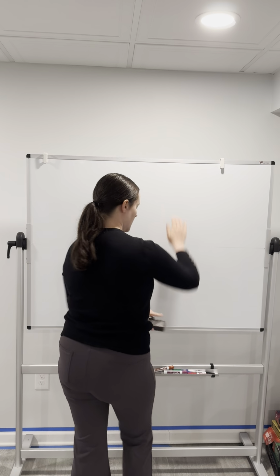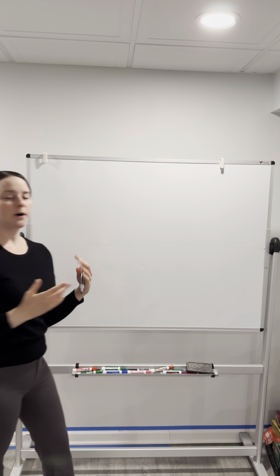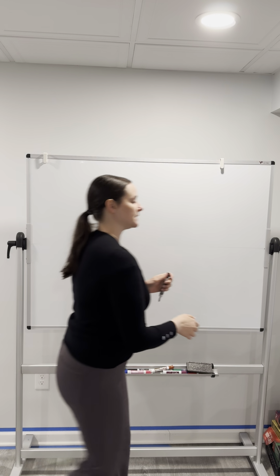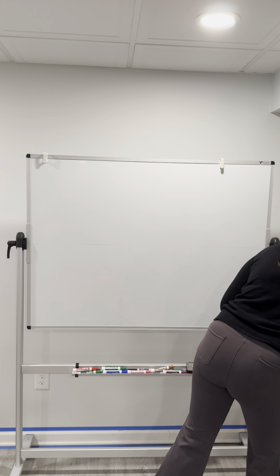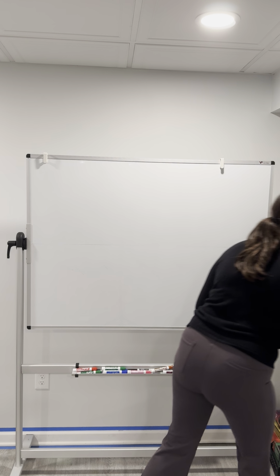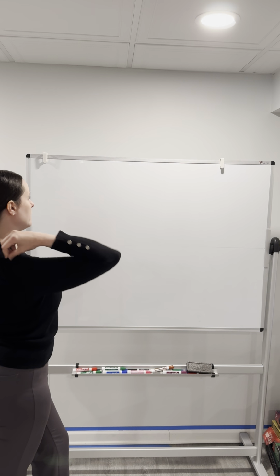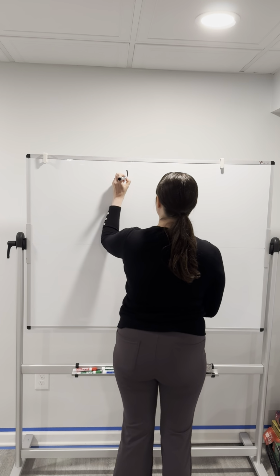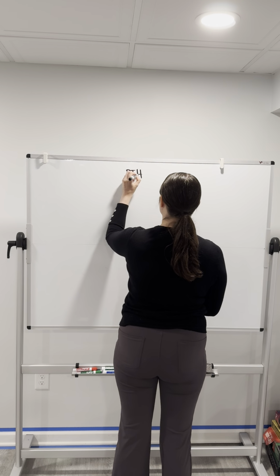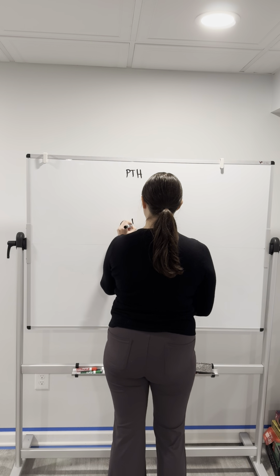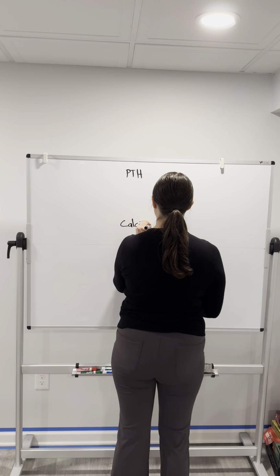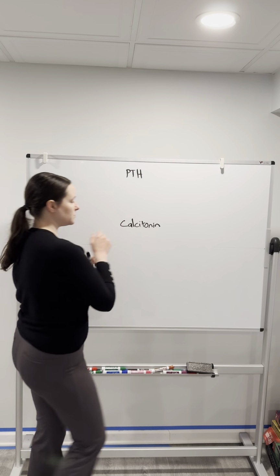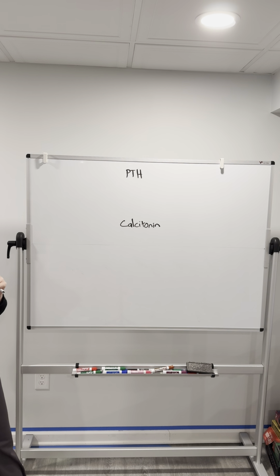All right, now let's talk about how the bone helps in calcium homeostasis in the body. Okay. So we have 2 hormones, parathyroid hormone and calcitonin. Don't get this confused with calcitriol, which is something else, okay?